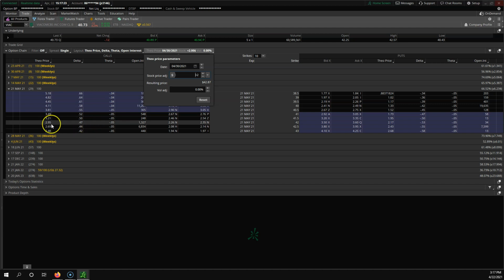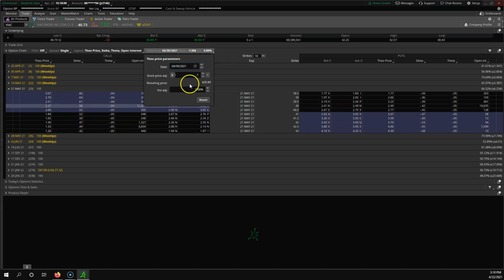Now, let's say it's minus $1 by next Friday. Well, what we paid $2.30 for is now worth $1.49, because now we have 8 days of time decay, and we also have the 47 delta going against us, because we're wrong. Remember, the delta is what the option is going to do for every $1 up or down in the stock price.